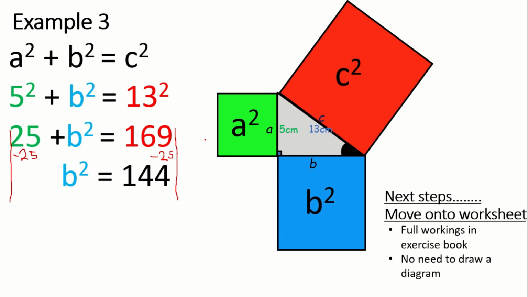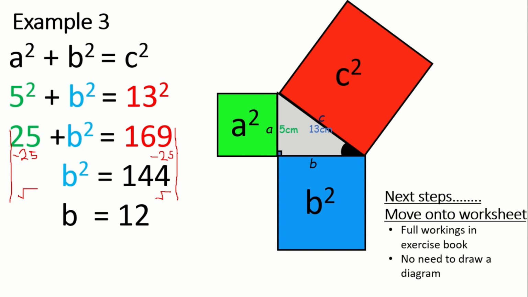So b squared is equal to 144. Who would be able to answer how we've got from 169 to 144? Well done. We've just subtracted 25 from 169. And then last but not least, we need to find b. So what do we do now? That's it. We find the square root of both sides, giving us the following answer.